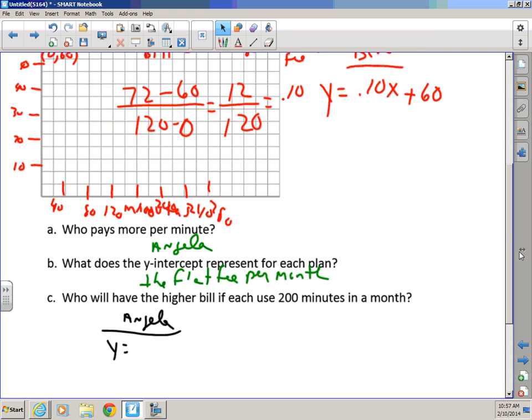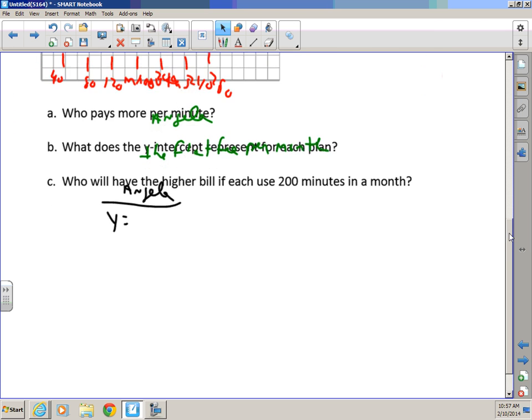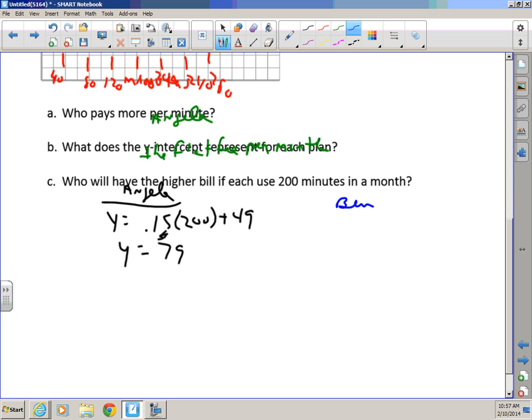Let me just move this. So Angela's going to pay 15 cents times 200 plus 49, which is $79. Ben's going to pay 10 cents times 200 plus the 60, or 80.